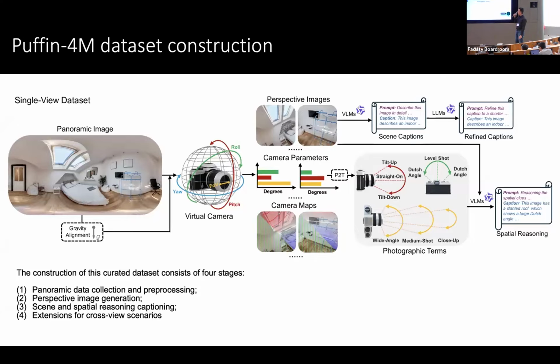The Puffin4M dataset construction is given in this figure. It's a bit complicated, but it can be generally understood as four stages. First, we need to collect a lot of panoramic data, which can be collected from existing datasets as well as YouTube data from Google Street View.